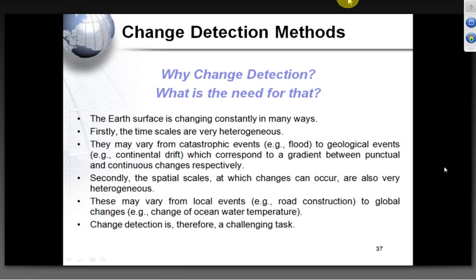Second is spatial scales, which are also very heterogeneous, and these vary from local events to global changes. Local events means some construction, suppose road construction. Global change means change of ocean water temperature. So these are the changes occurring continuously over the Earth's surface, and it becomes very important to detect them. Therefore, change detection is a challenging task, and of course it's very important.